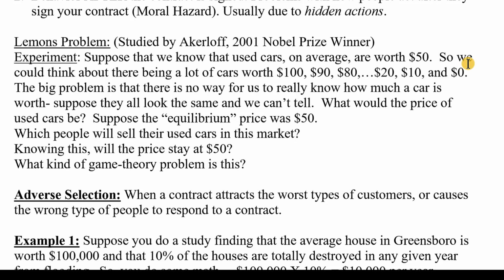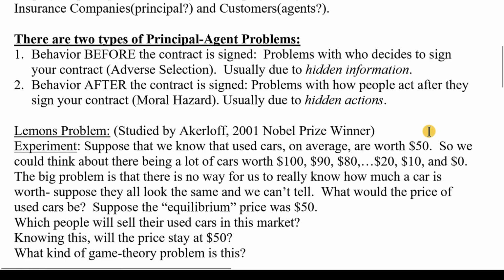There's no way for you to truly know the value of a car because the person selling the car is going to have more information about that car than the person buying the car. So what kind of problem is this when one person has more information than the other? Right, this is going to be an adverse selection kind of problem.